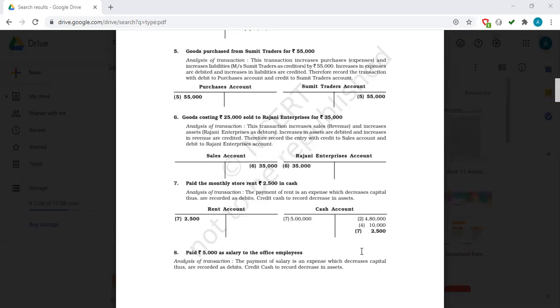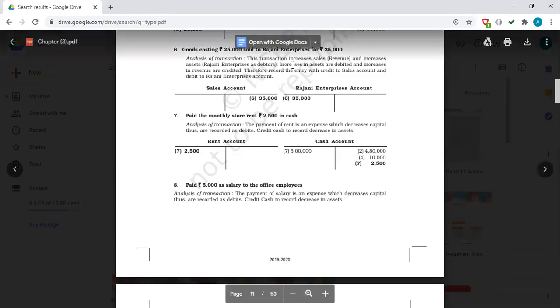Paid salary to office employees. Again, cash is not mentioned, but the word paid says it's a cash transaction.